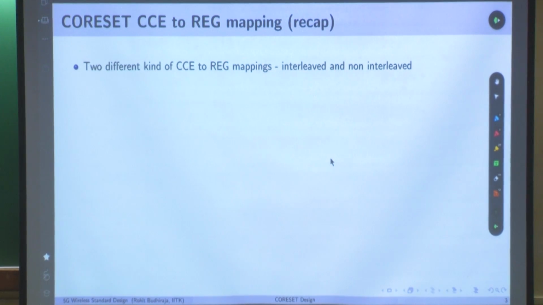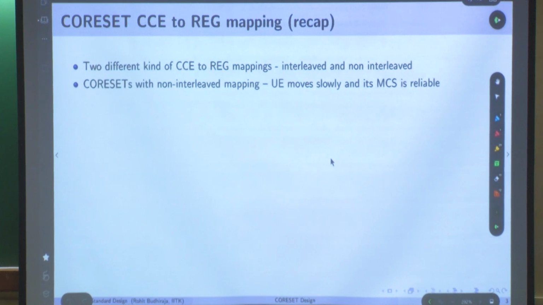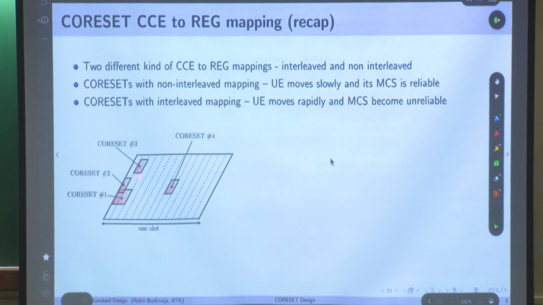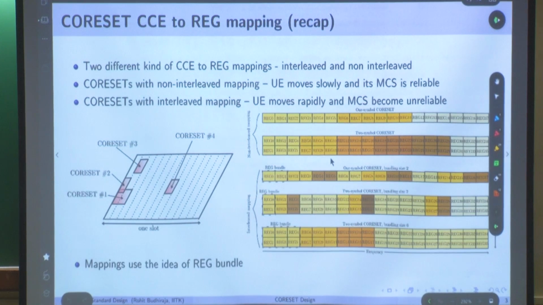Two different kinds of CCE to REG mapping, that is what we saw. If the UE moves slowly and its MCS is reliable, the base station will use non-interleaved mapping, otherwise it will use interleaved mapping. This is typically how the CORESETs are defined, and we saw in the last slide non-interleaved mapping and interleaved mapping.